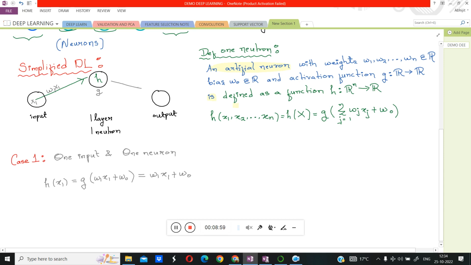When the h goes out, the final h reaches the output. Every neuron will produce some h which will go into the output, but now we are doing one neuron, so we'll not understand how the outputs of the other neurons hit the output. We'll do that later on. At this moment, the output we are going to hit is h.